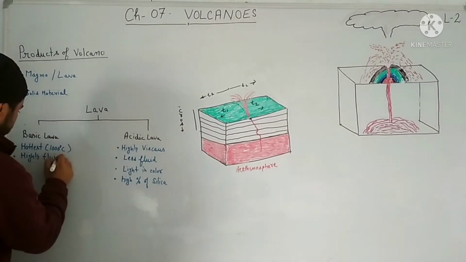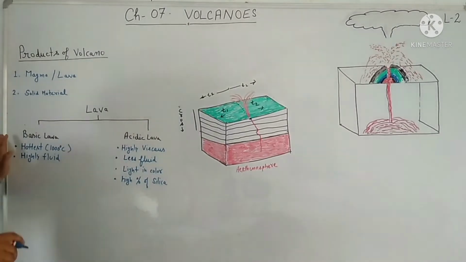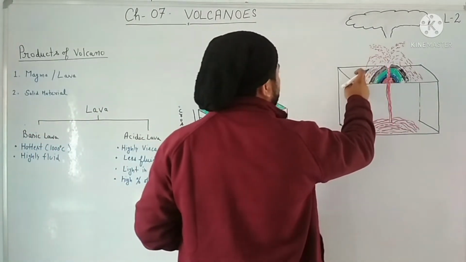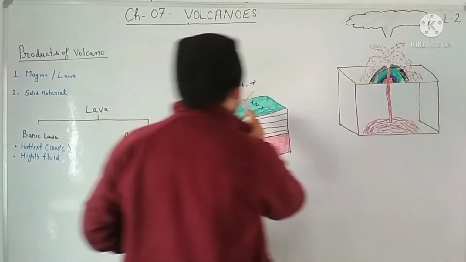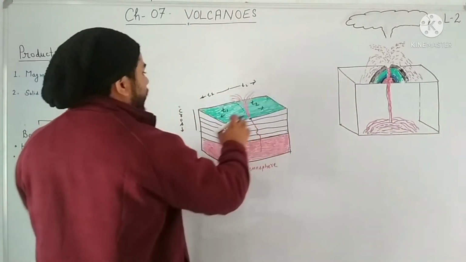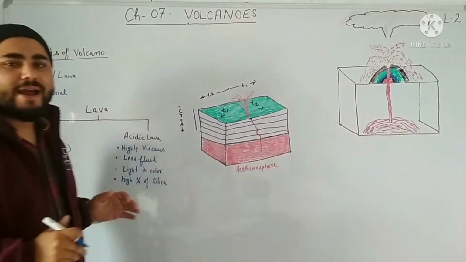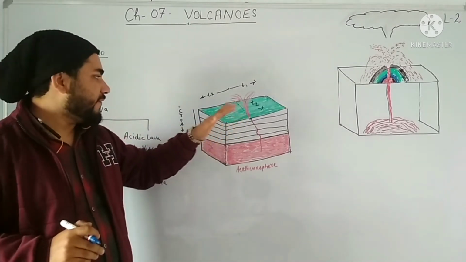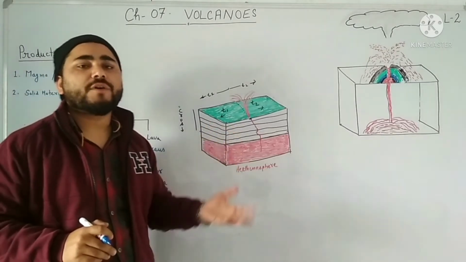What does that mean? It means that basic lava flows to larger areas. If it is emerging from here, it may flow till here or till here. It may flow over a very large area, and hence it covers the entire region and gives the region the shape of a shield.